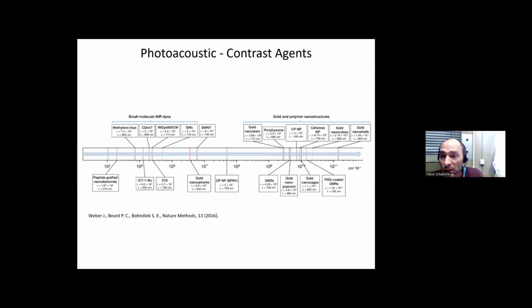But this is a trade-off, because nanoparticles generally are not biocompatible. So organic compounds have a lower absorption coefficient but are more biocompatible, and nanoparticles are the opposite. So it's a trade-off in choosing the contrast agent and what's better.